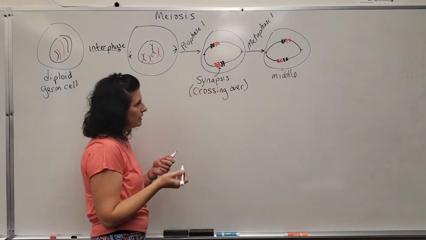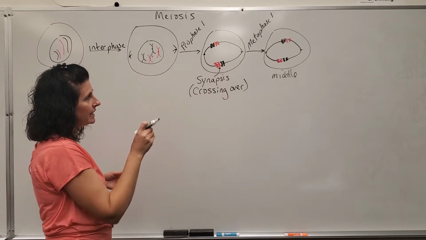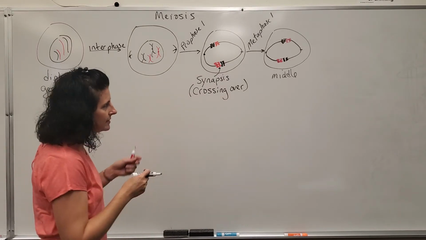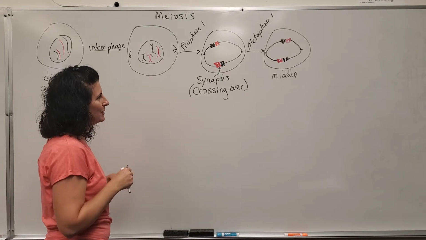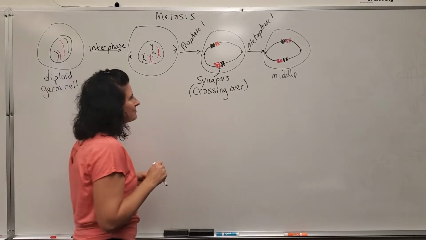So again, just like metaphase and mitosis, we're lining everybody up right in the middle. That's not quite in the middle, but imagine it being perfectly aligned right in the middle of our cell.